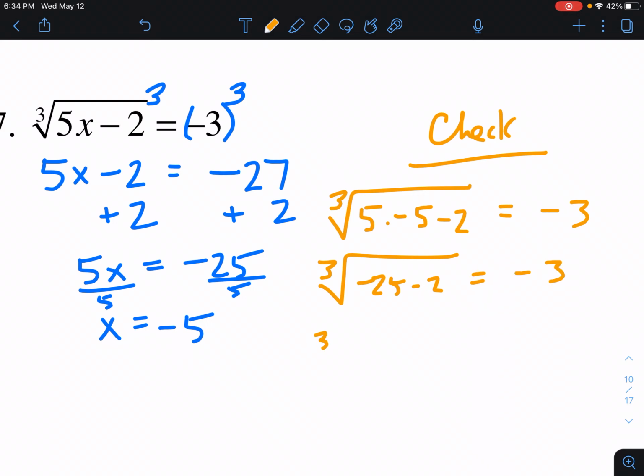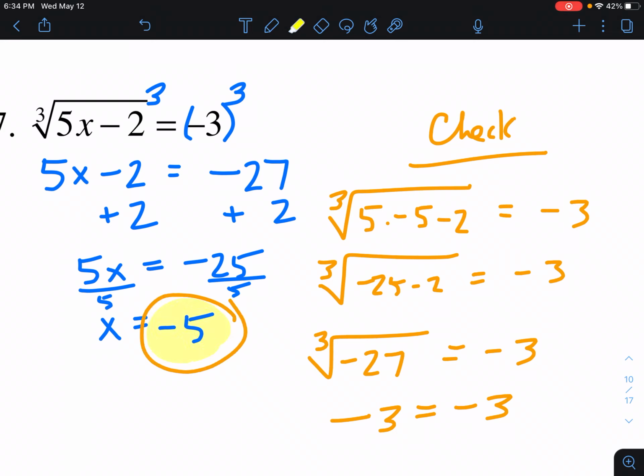And then minus 2 is negative 27. And this is a cube root, so we are allowed to cube root negatives because the index is an odd number, that 3. So the cube root of negative 27 is negative 3. So the check works out. So negative 5 is my answer.